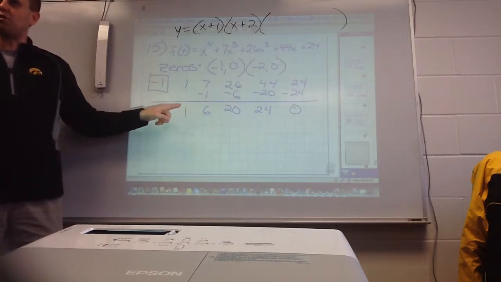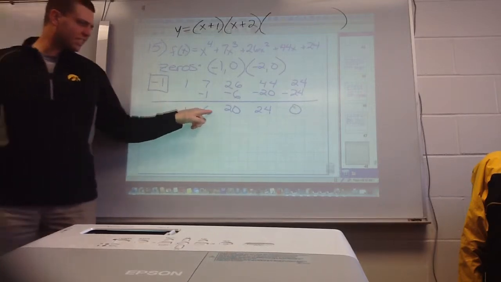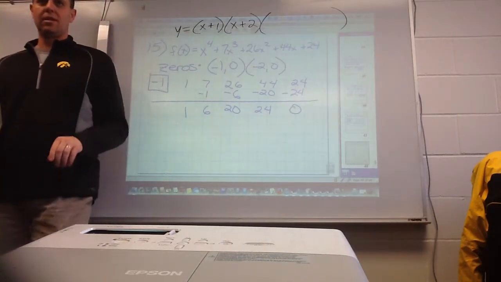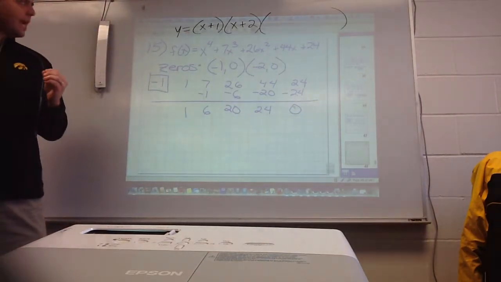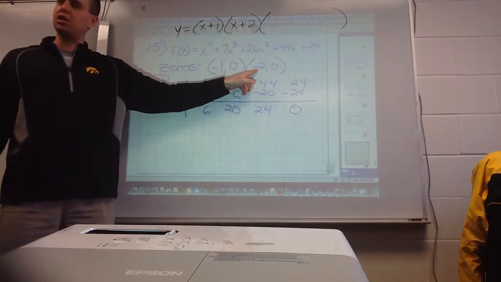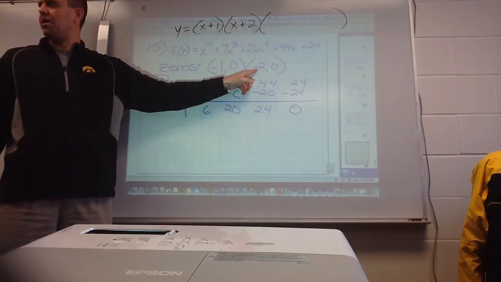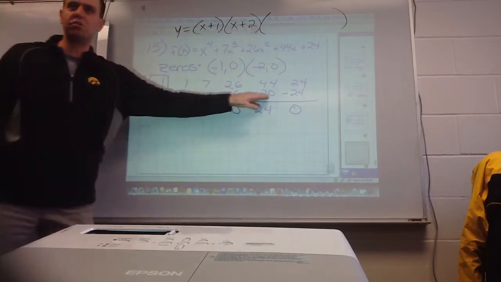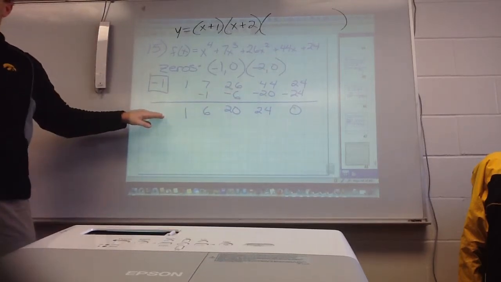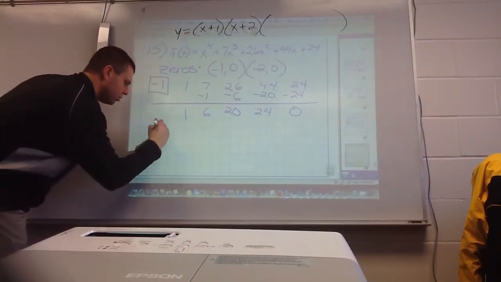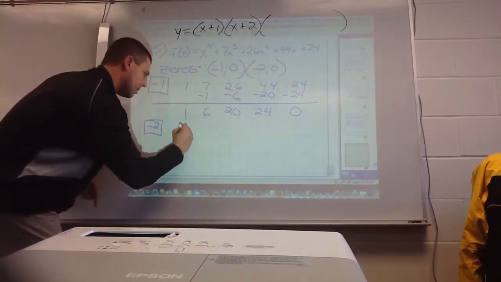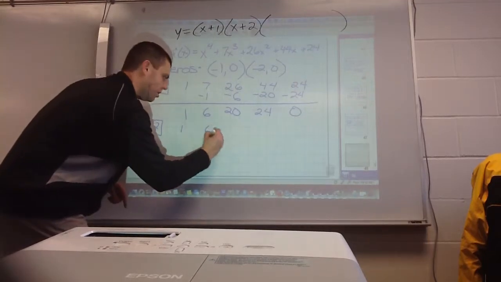Keep in mind now, this would be 1x cubed plus 6x squared plus 20x plus 24. Let's do it again, but this time we're going to use negative 2 in the box with these new numbers. I'm going to write them again.